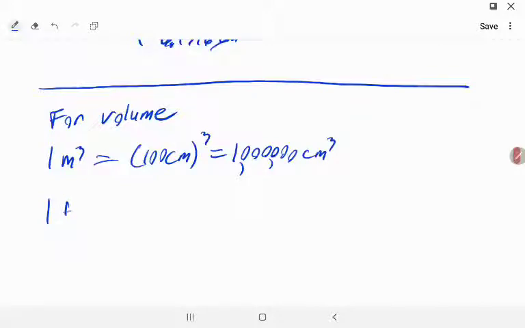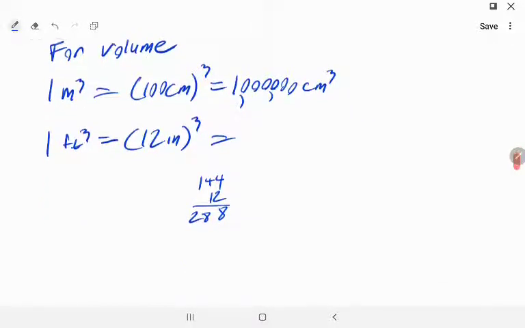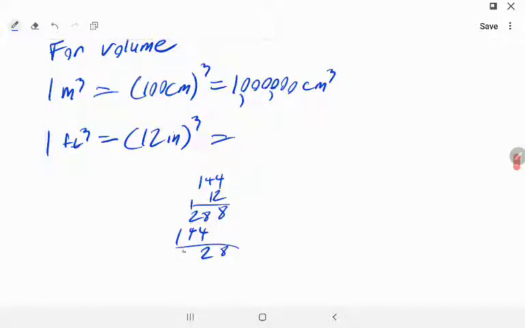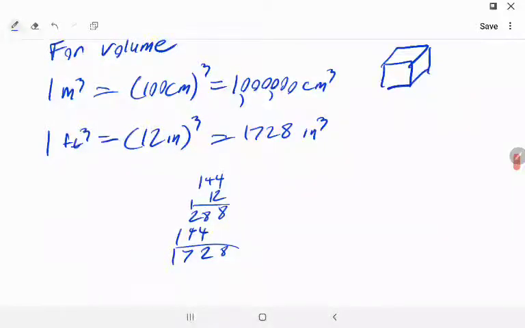And 1 cubic foot would be 12 inches cubed. That winds up giving us 144 times 12, which is 1,728 cubic inches. We're just imagining a box that's 1 meter by 1 meter by 1 meter for the cubic meter.